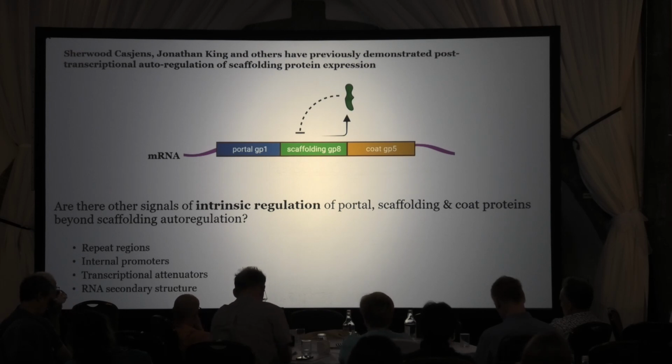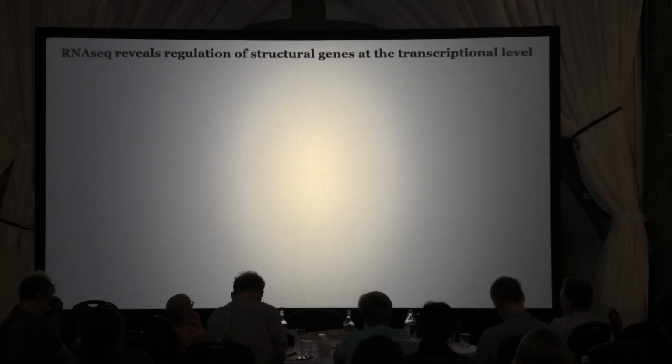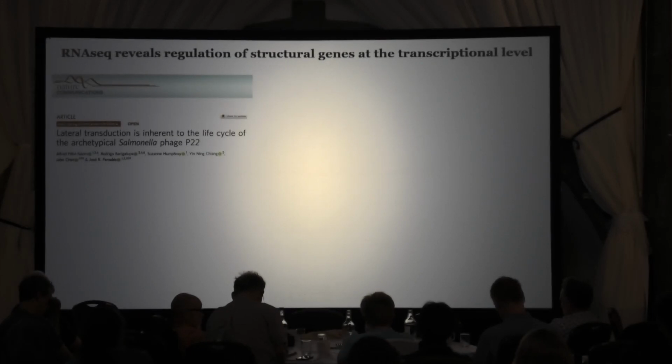I was curious if there are other signals of intrinsic regulation of portal, scaf, and coat proteins beyond just the scaffolding regulation that we know about. So I was looking for things like repeat regions, internal promoters, transcriptional attenuators, and RNA secondary structure. I went diving into the literature, and one of the first things I came across was a transcriptome by the Pinedo group here in the UK.